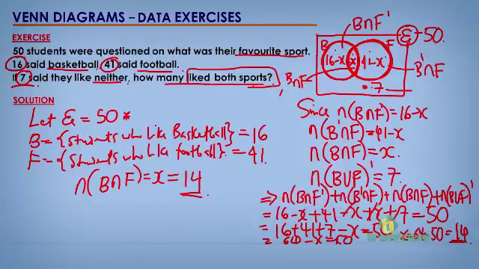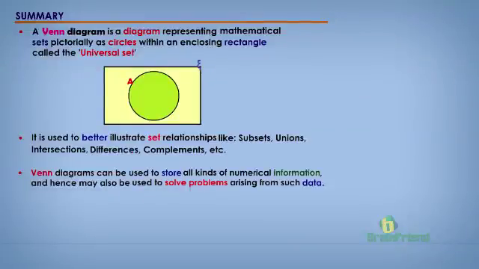And that's our answer. So in summary, we've learned today that a Venn diagram is a diagram that represents mathematical sets pictorially as circles, all within an enclosing rectangle. That rectangle we refer to as the universal set.